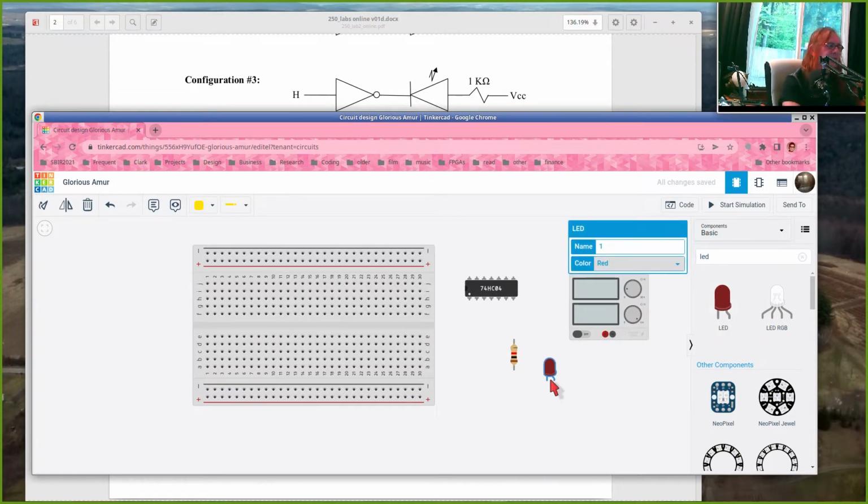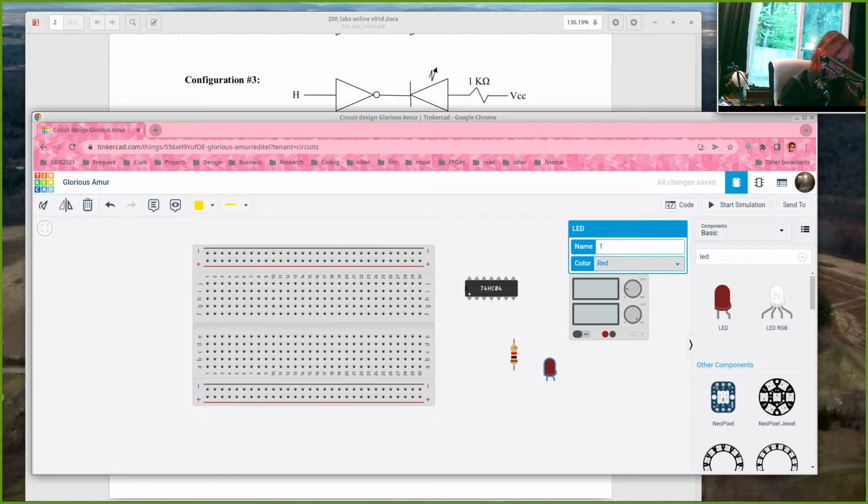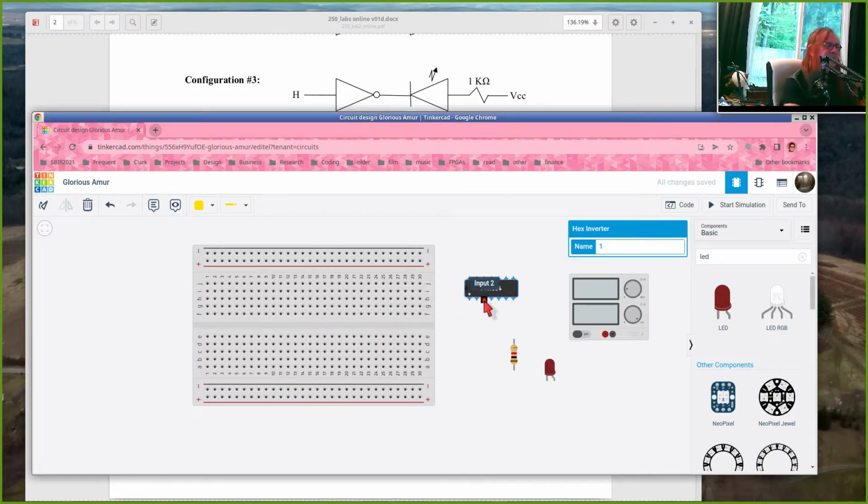All right, so you know that on this protoboard all these holes on top are connected to each other. All these holes on bottom are connected to each other. There's no connection from the top to the bottom. And then we have these horizontal rows where everything is connected together. So the first thing is, where are you going to put this chip in your board?